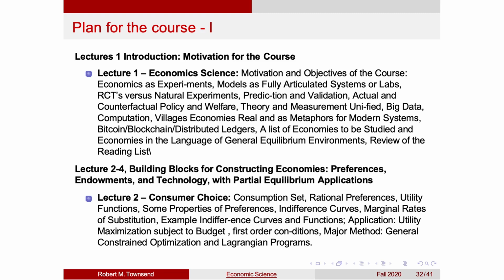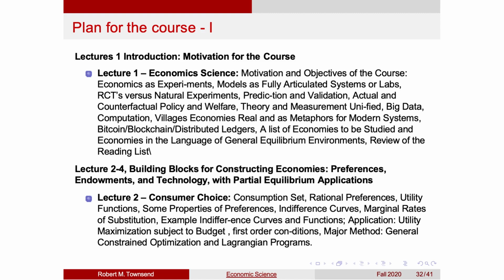So when we get, for example, right away on Thursday to consumer choice, we'll be talking about consumption sets and rational preferences and utility functions and properties of various things, which is extremely important. But we jump into an application, even in that lecture, which is utility maximization subject to budget constraints. And in order to do those things, we need our first major method.